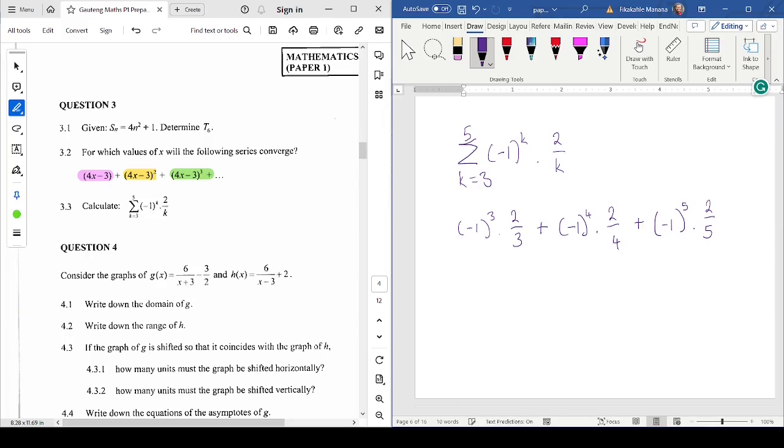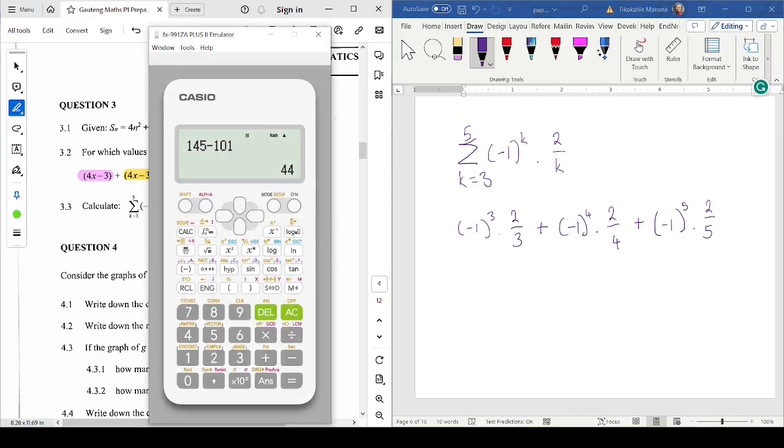Now at this point, I just want to bring in the calculator and put everything in exactly as it is. So I have (-1) to the power 3 times 2 over 3.